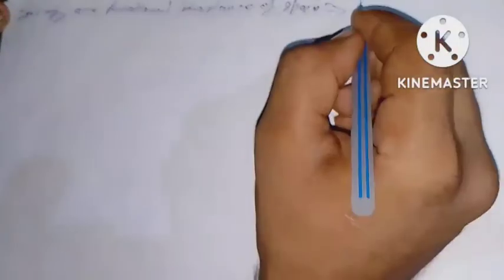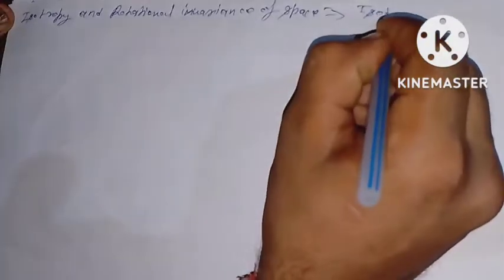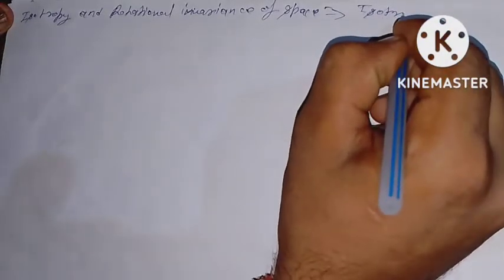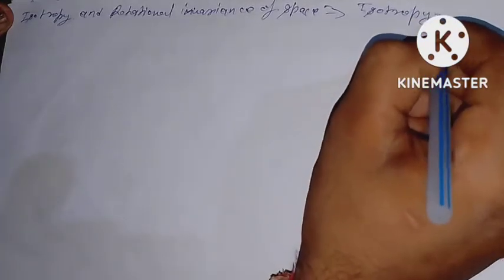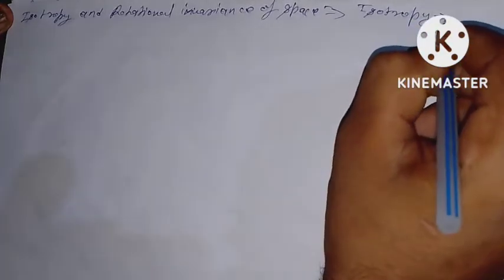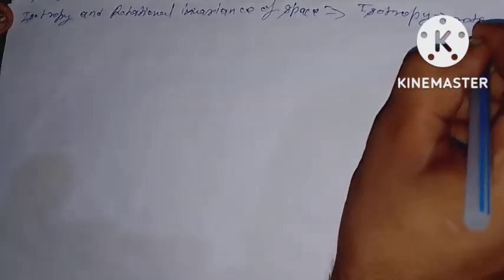Isotropy thus means rotational invariance of the properties of free space.